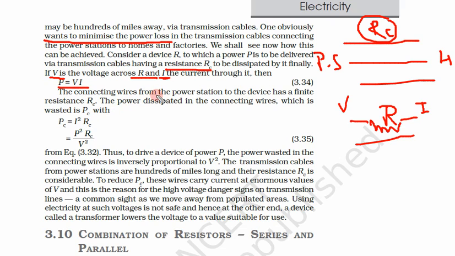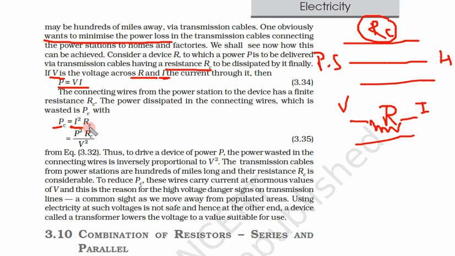Now the connecting wires from the power station to the device have a finite resistance. Earlier we were thinking that these power lines or power cables do not have any resistance, but they also have some resistance RC. So now what is the power consumed in this line?